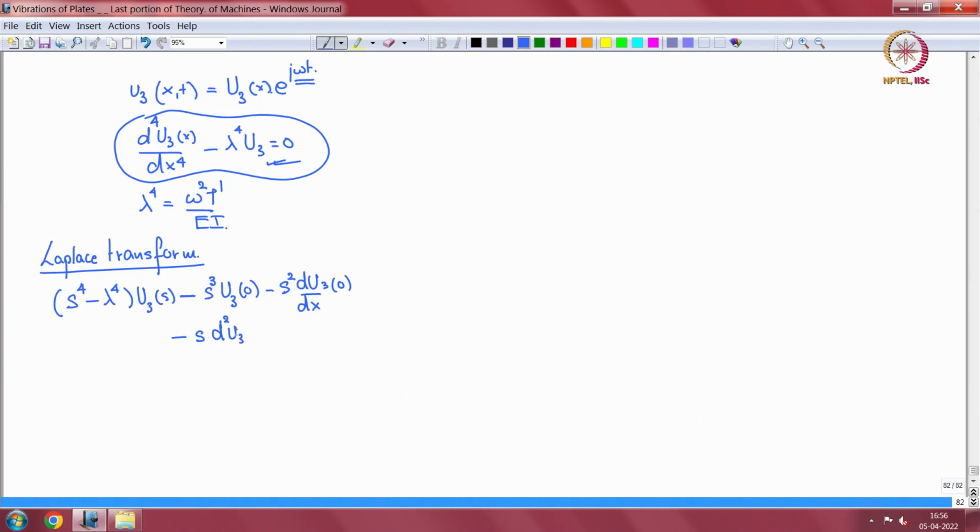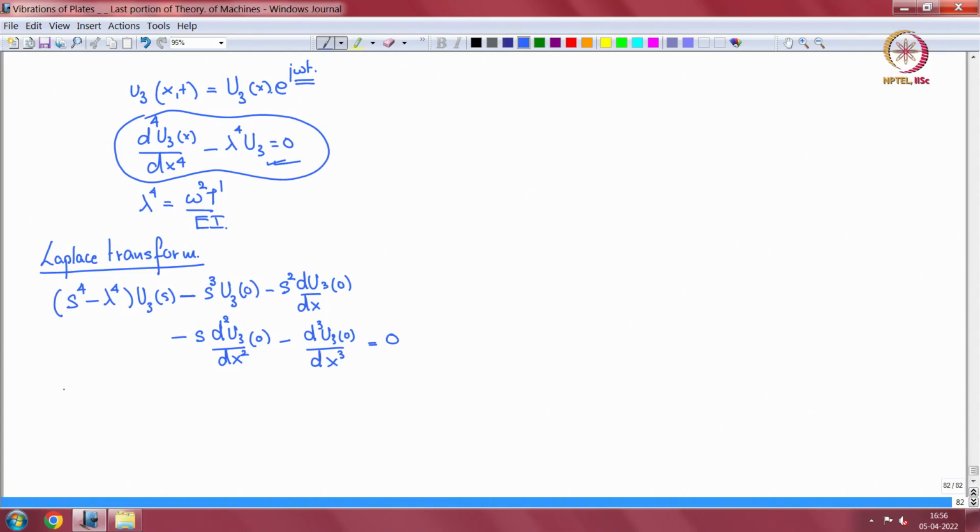We are used to taking Laplace transform for temporal equations. Now this is a spatial equation, minus d3 U3, and hence all conditions are at 0, which happens to be x equal to 0.